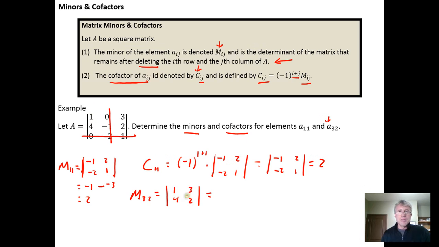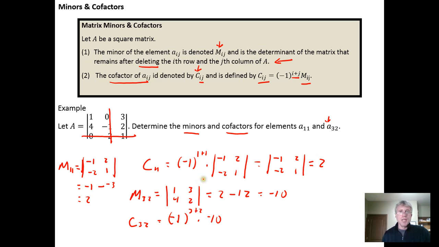So the determinant of a 2 by 2 matrix is the product of the first diagonal term. So 1 times 2 is 2. Minus 4 times 3 is 12. And 2 minus 12 is -10. And so the cofactor associated with row 3, column 2 is just going to be -1 to the 3 plus 2 times that -10.